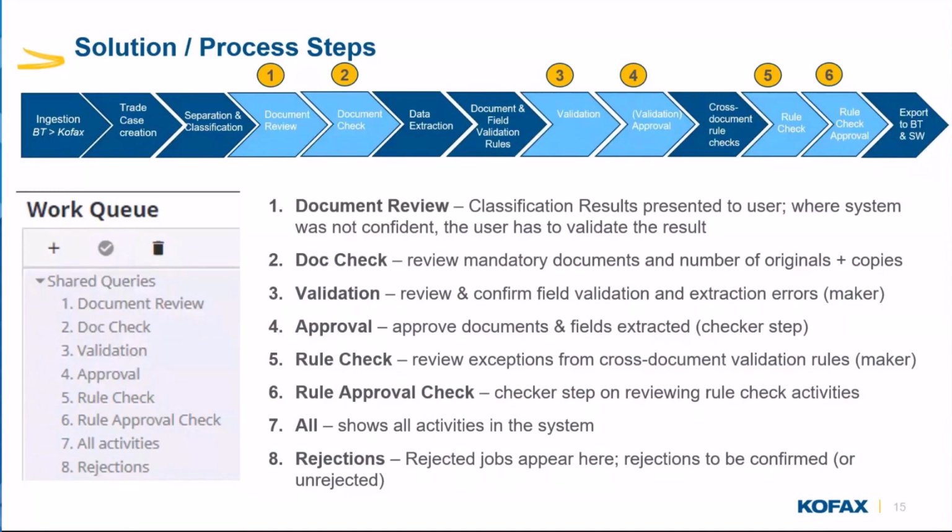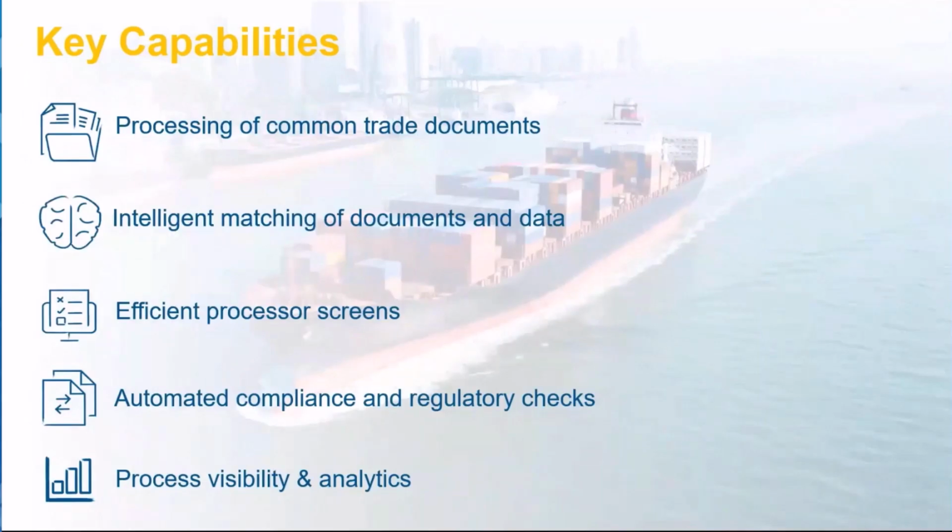Next slide, please. I do want to make up for some lost time there. Among the key capabilities, you'll have automatic processing of these documents. You'll make sure that consistency, not just within the document but also cross-document, will be in there.